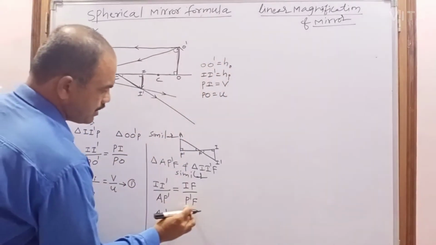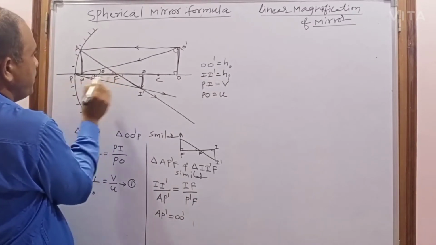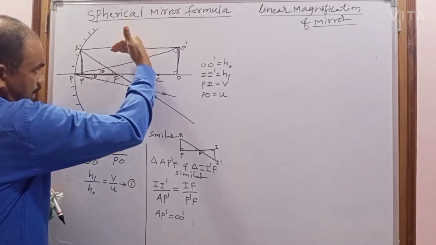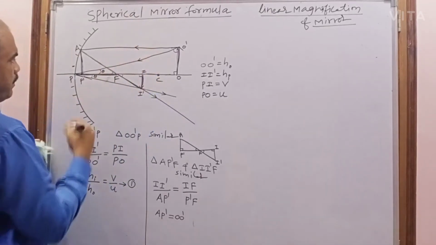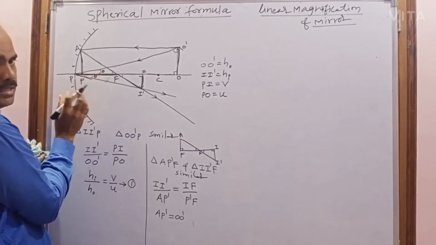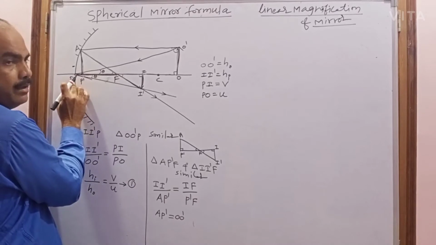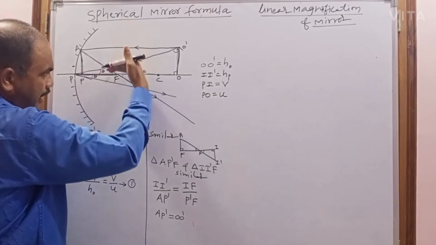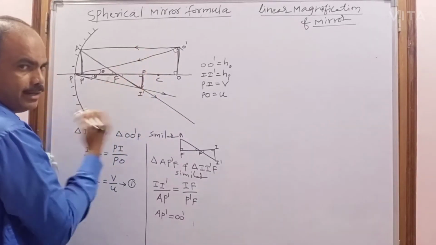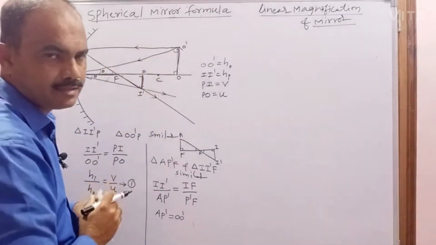And next P dash F. So this P dash F is similar to PF, because when the incident ray height decreases, this P dash approaches P. So the P dash and P places are taken as the same. When the height is very less from the principal axis, and the incident rays are very near to the principal axis, those rays are called paraxial rays.